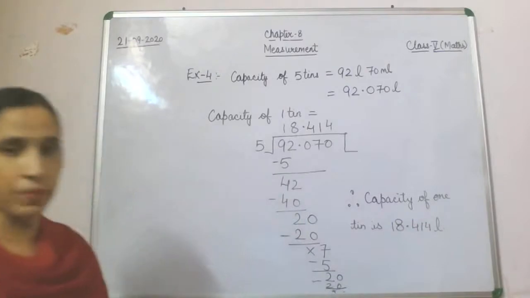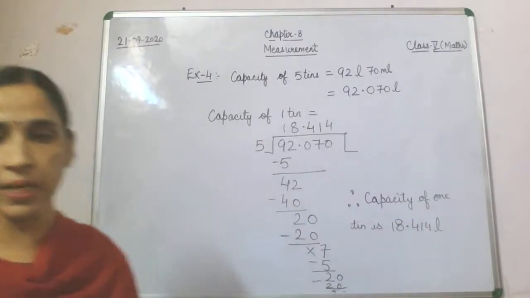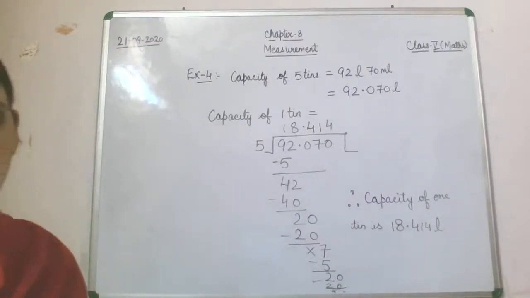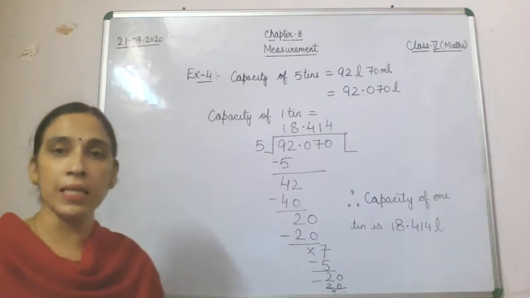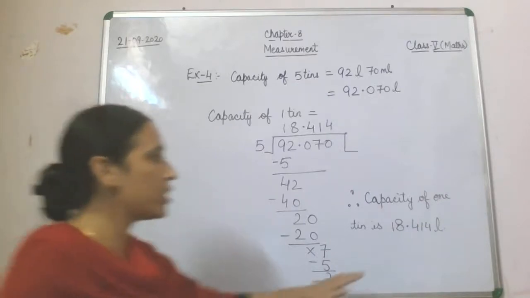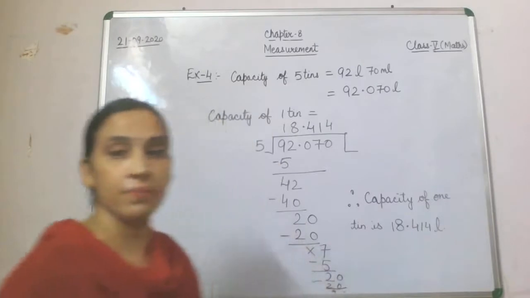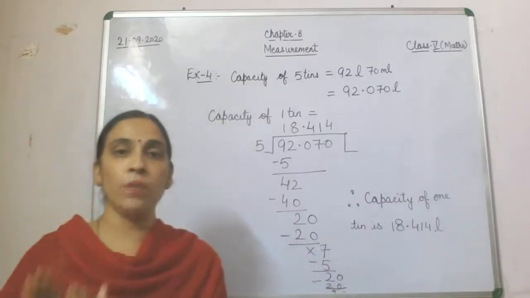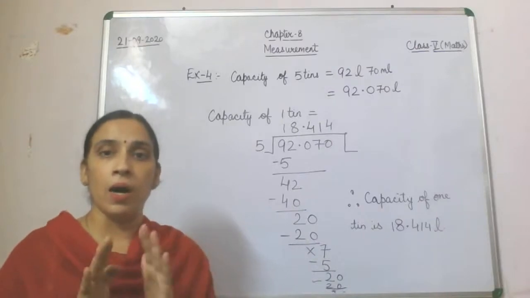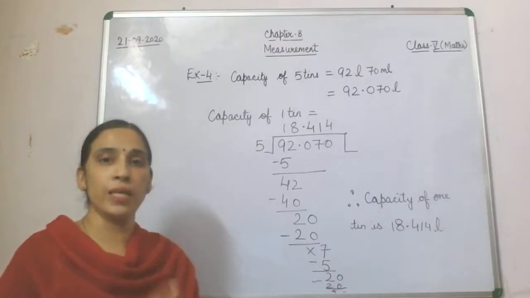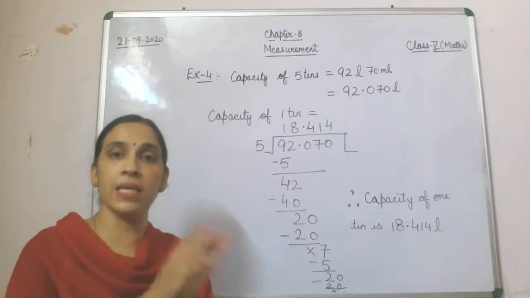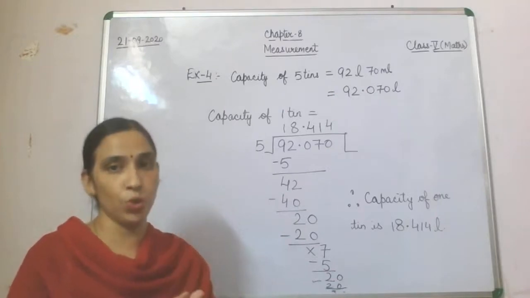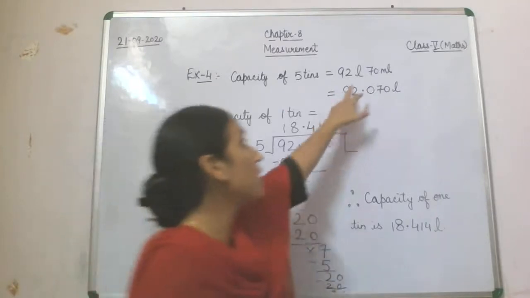So this will become the capacity of 1 tin, that is 18.414 liters. It means each tin will hold this much quantity of ghee. Fine. So here in this question, concept of many and one is there. The quantity of ghee in 5 tins is given to you, but it is given in liter and milliliter.